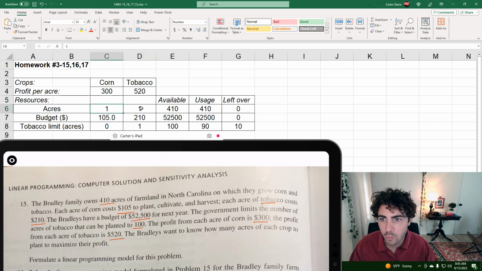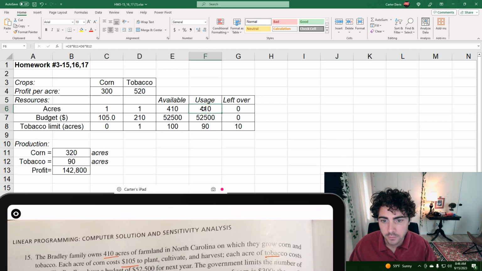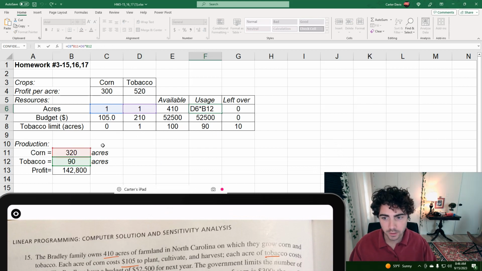So they put a 1 and 1 here because of how the usage is constructed. Look at the formula here. They do 1 times 320 plus 1 times 90. So 1 times the number of corn acres, 1 times the number of tobacco acres, excuse me, and multiply them together.